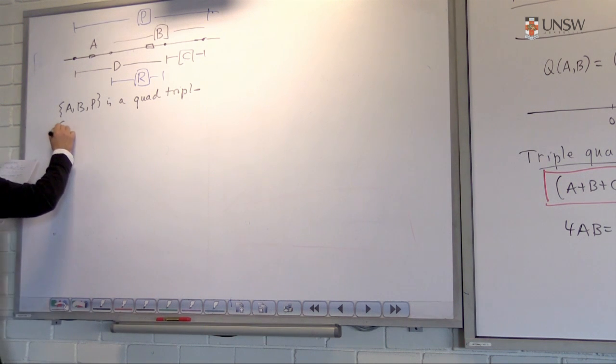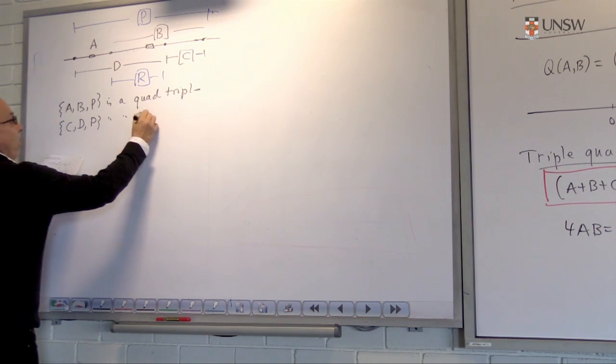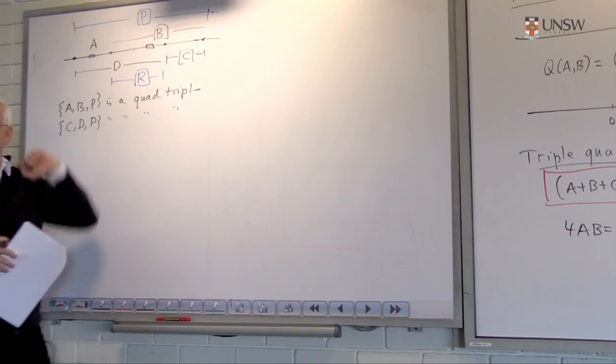And we also know that C, D, and P is also a quad triple, because from here to here, from here to here, and then back there, it's also a quad triple.